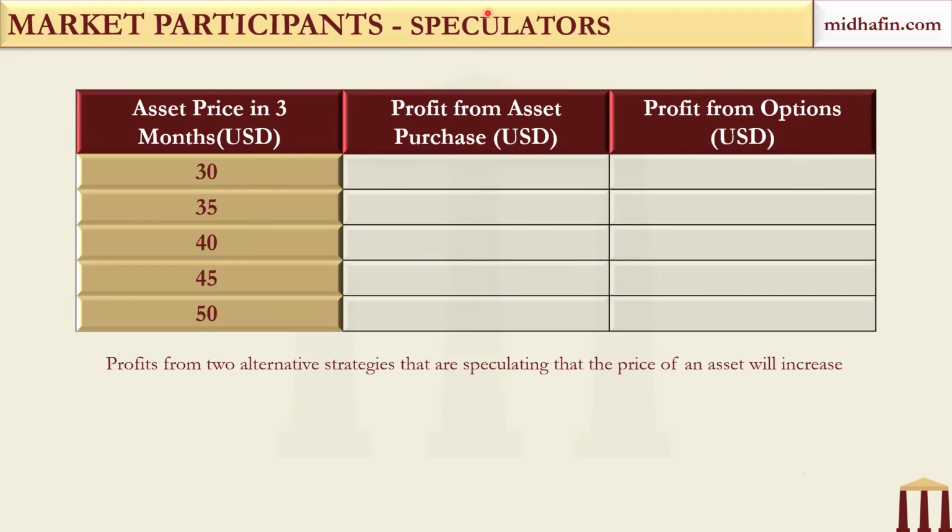It is completely gone, right? 12,000 minus 12,000. Exactly. So for asset purchase, your profit is negative 3,000. But for options, your profit is negative 12,000. You have lost the entire premium. There is no payoff. The premium is lost completely. So this is the downside of this strategy.